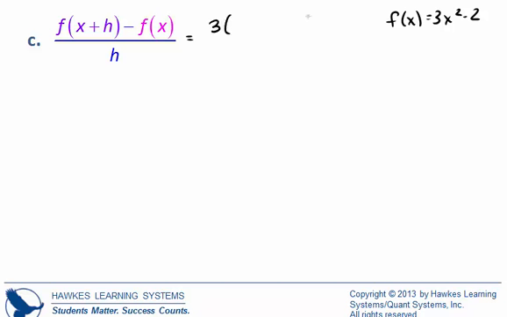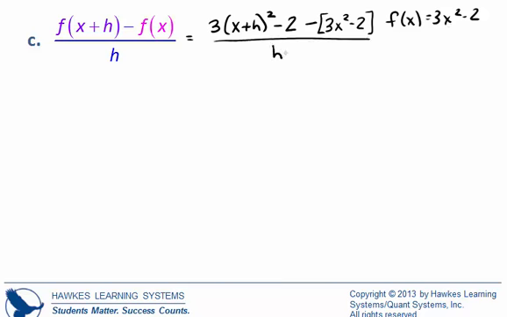So I've got the 3. I'm going to make my replacement here, x plus h squared, minus 2. And then we have minus f of x. So minus, and let's put this in a bracket so we can deal with this subtraction in just a minute. And we know that f of x is equal to 3x squared minus 2. And we're going to divide by h.